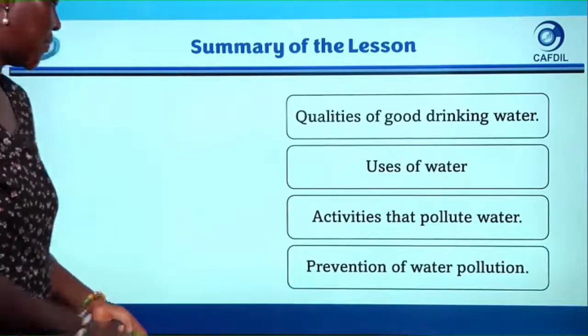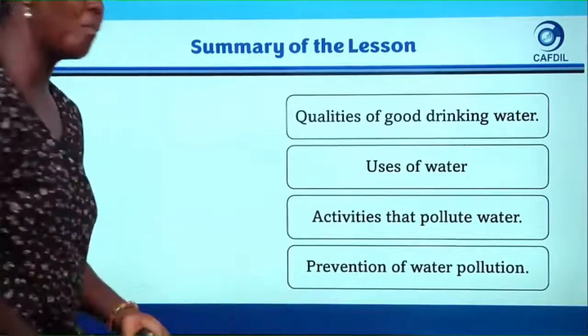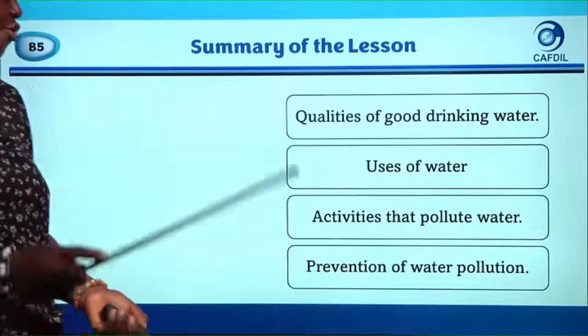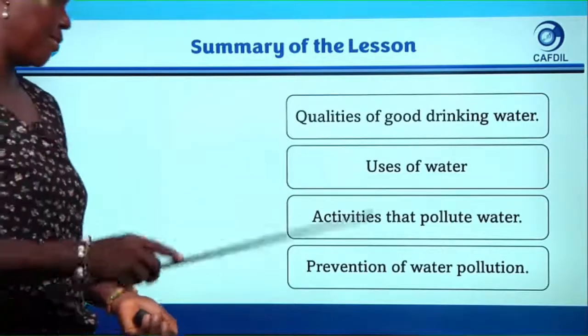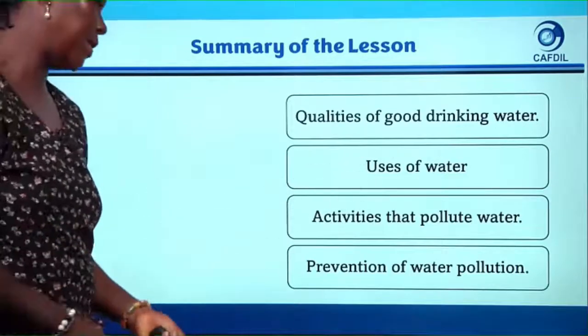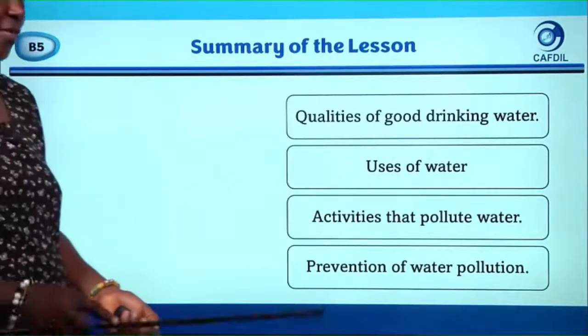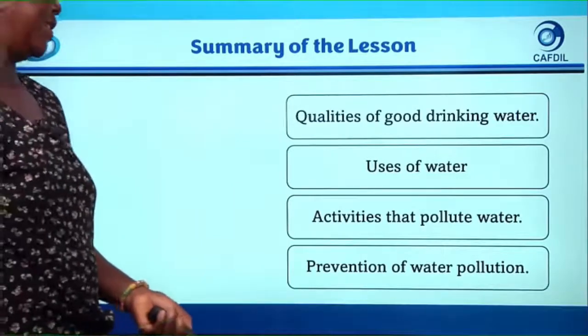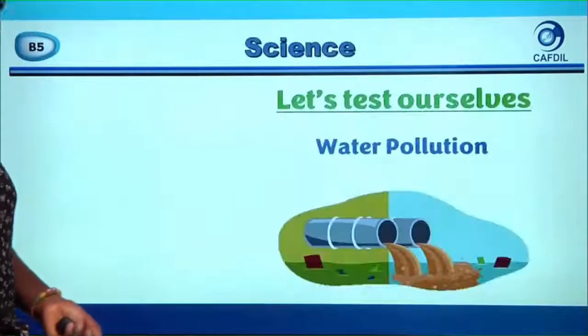We also saw the prevention of water pollution. We shouldn't throw rubbish into our water bodies. We should clean our compound or our environment regularly. Miners should not use chemicals in water bodies and others.